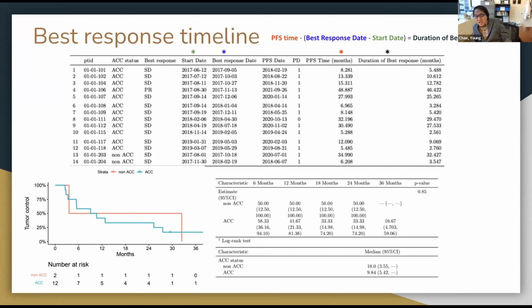Yeah. I don't think that's clinically meaningful. I think what's more meaningful is the start of the treatment till response is lost. So it's really just the PFS for non-PDs. Among the patients with best response, that's SD and PR and CR, what is their PFS?